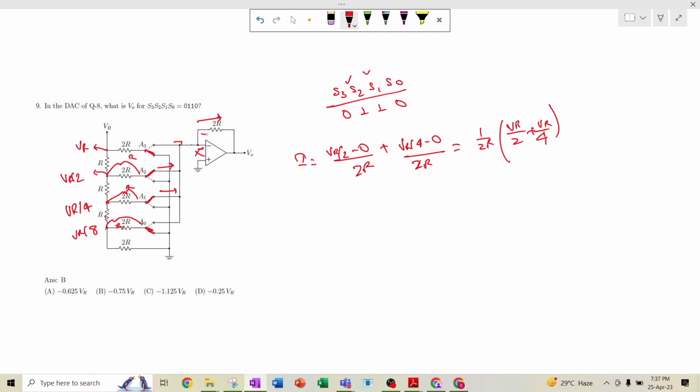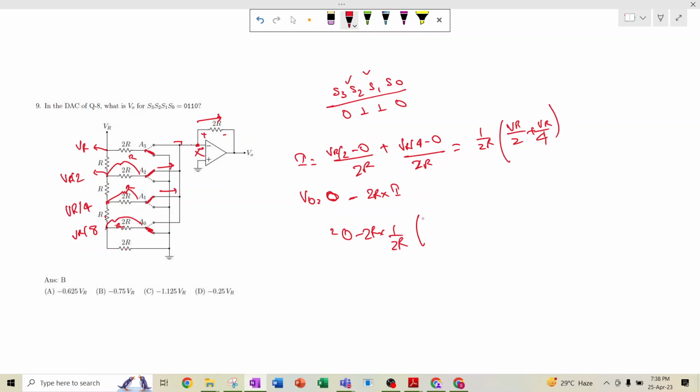So here it will be plus, here it will be minus, so V0 will be 0 volt, means the potential at this voltage, minus twice R into I, that means 0 minus twice R into I, where I is 1 by 2R.